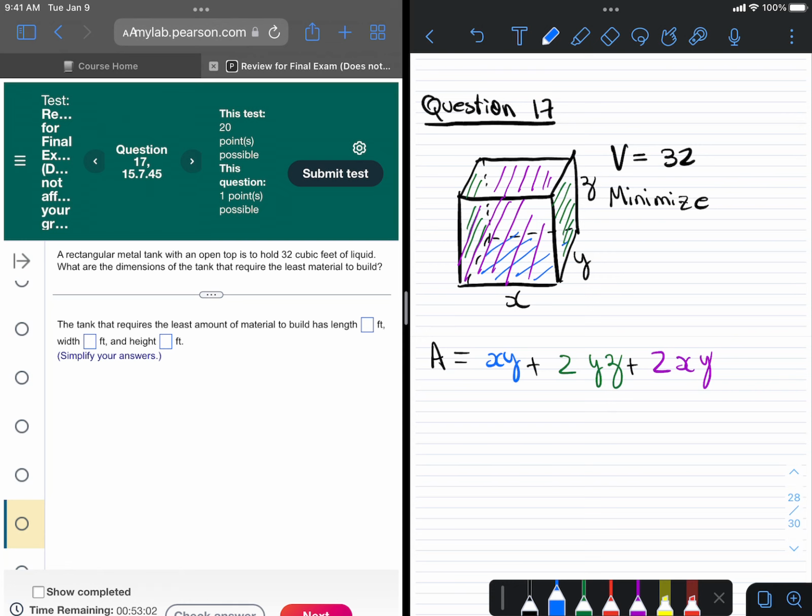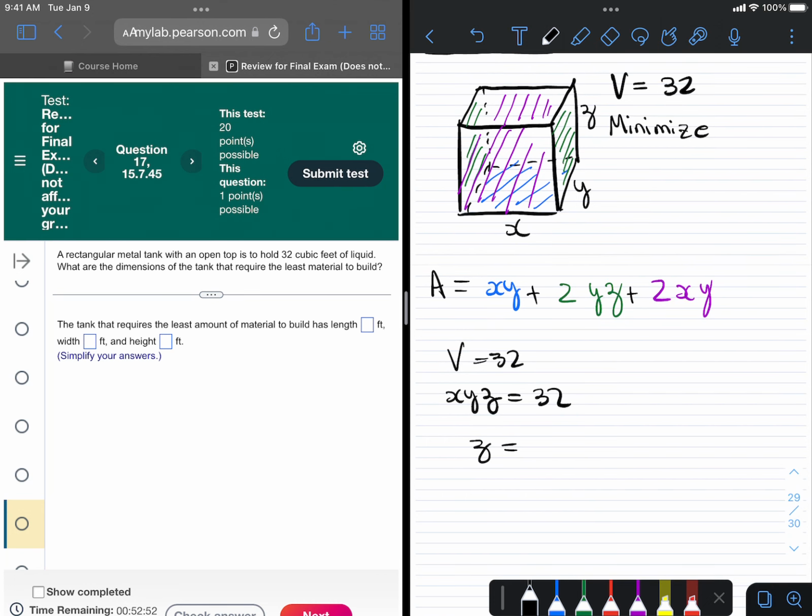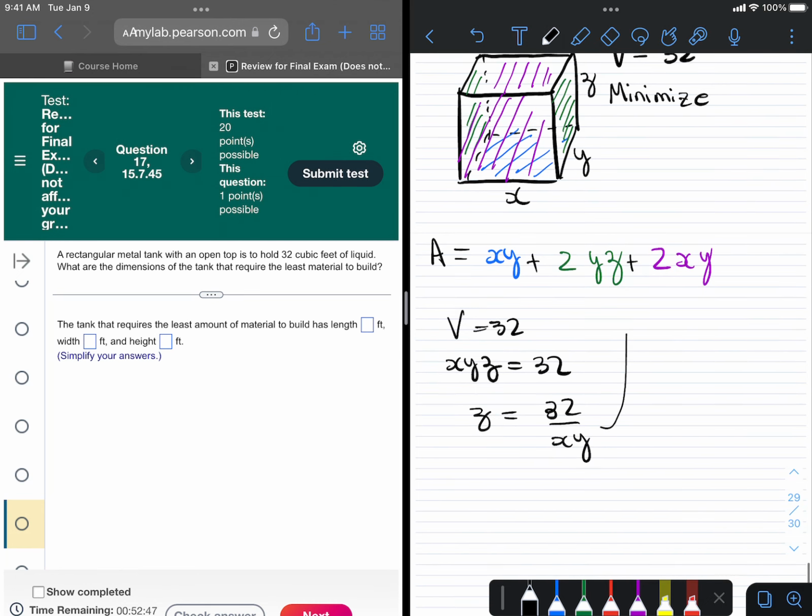The condition that the volume is 32 translates into xyz equals 32. So I could as well get rid of z and say z equals 32 over xy to turn that into a function of x and y only.